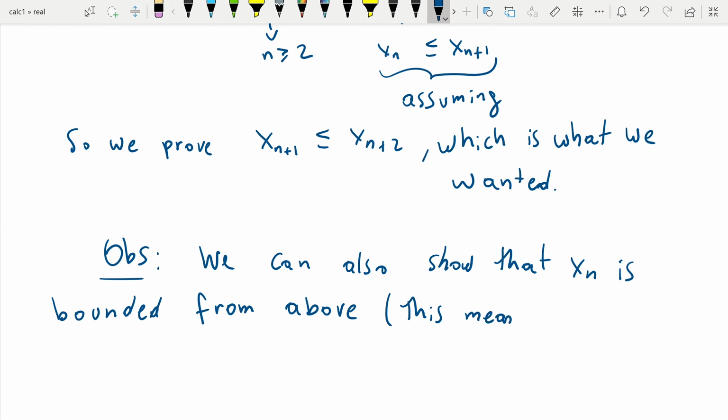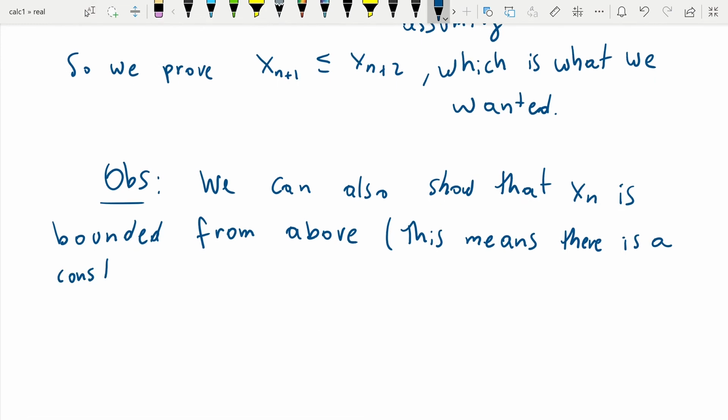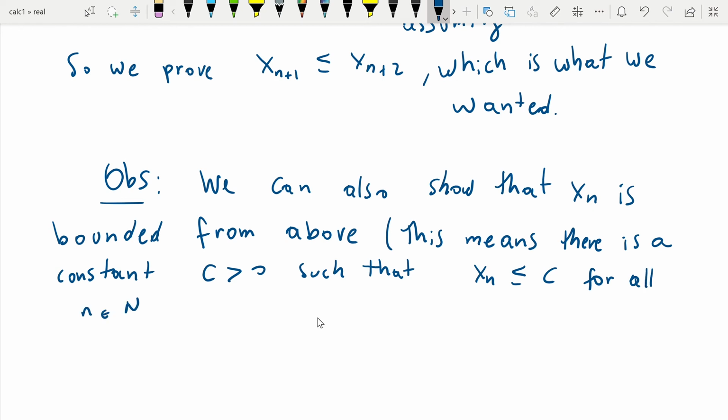This means there is a constant c greater than 0 such that xn is less than or equal to c for all n in N.